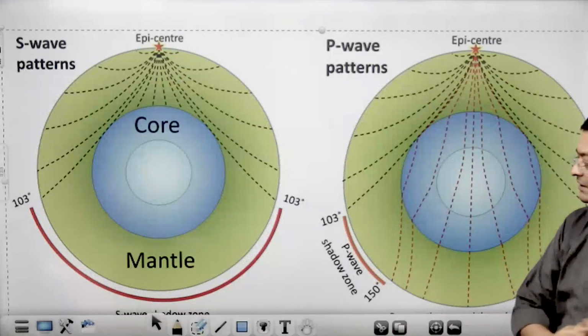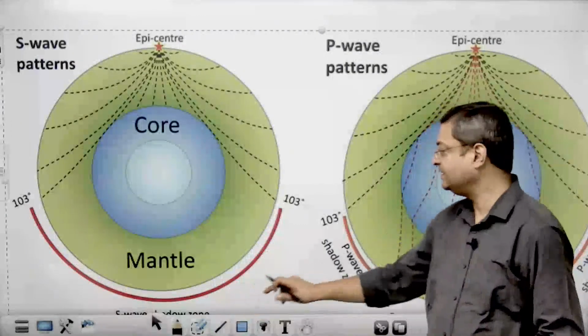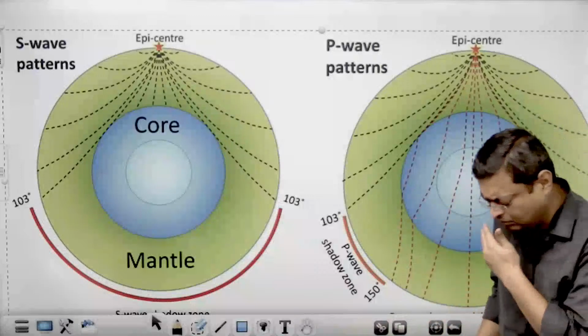Shadow zone of S wave. This is the shadow zone of P wave.